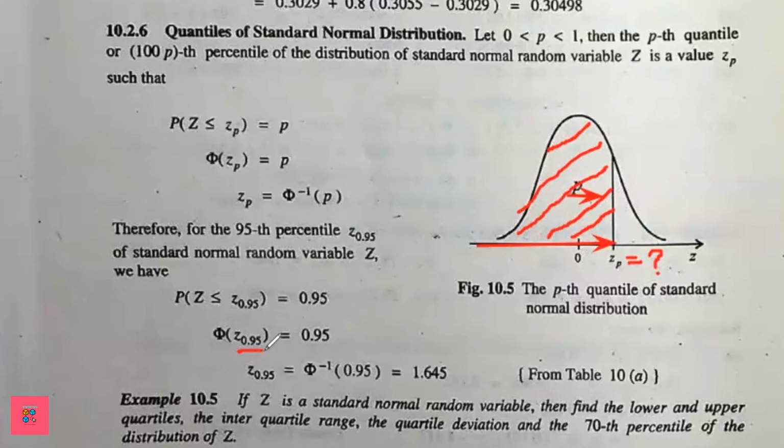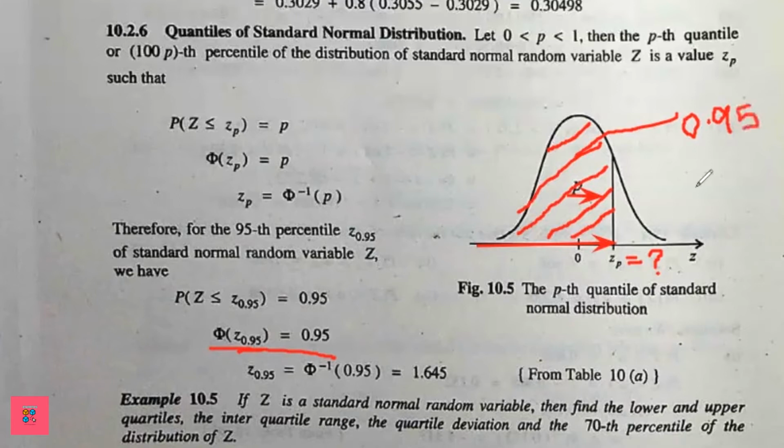So z 0.95 shows that it is also called the 95th percentile. This shaded area is actually 0.95, and you have to find your percentile zp at this position.